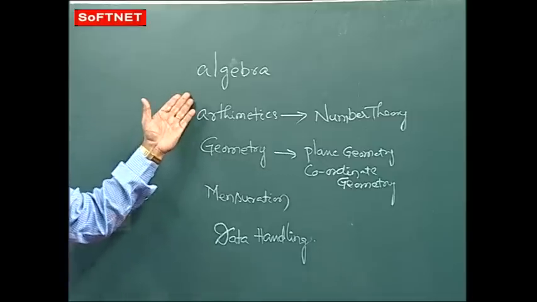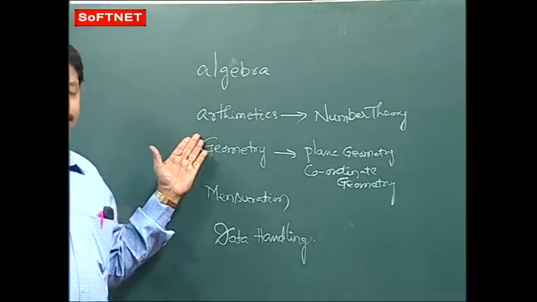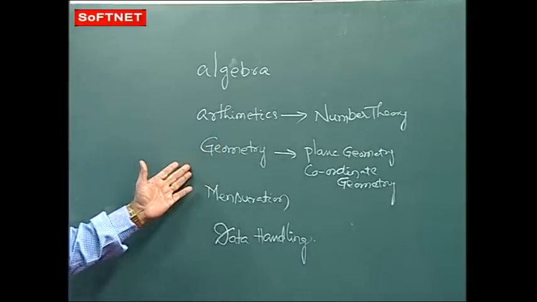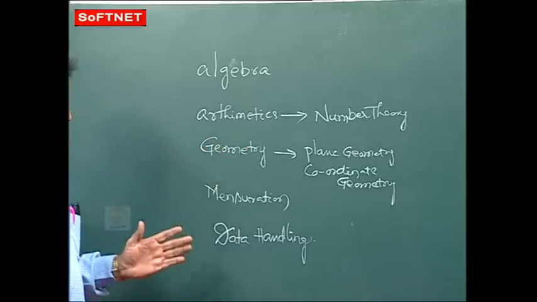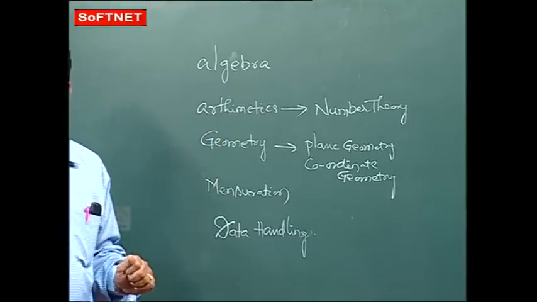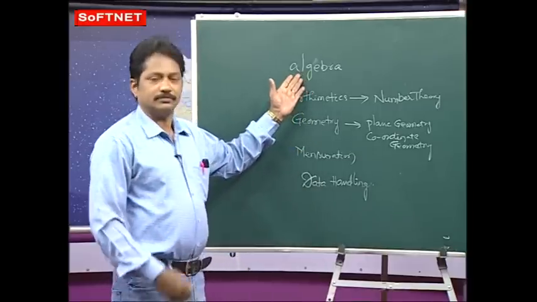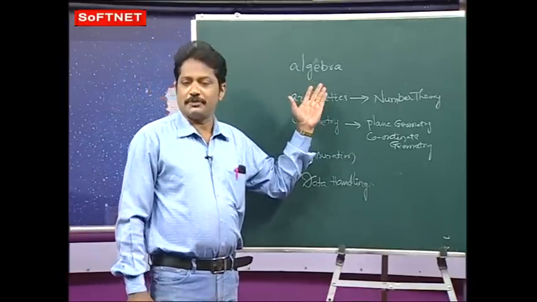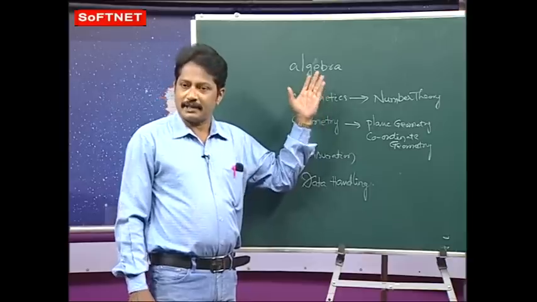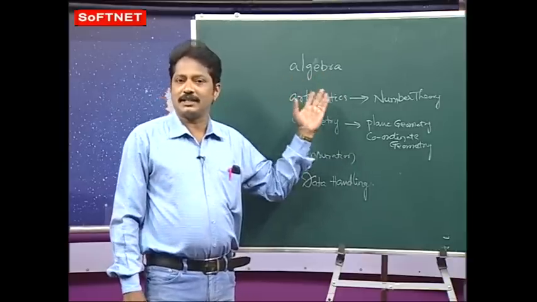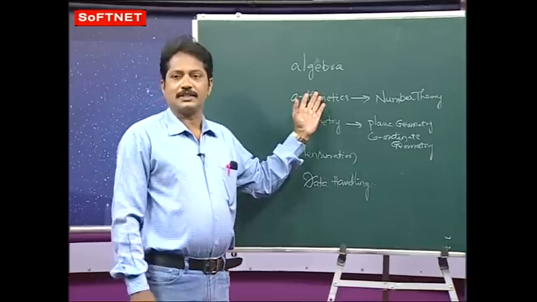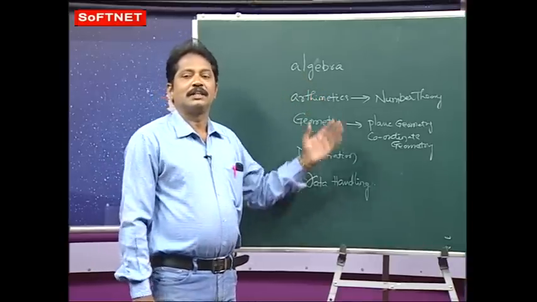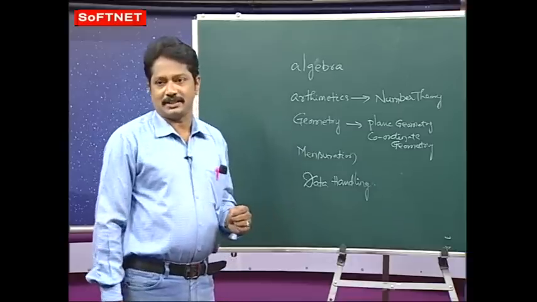One is algebra, second arithmetics, third geometry, fourth mensuration, fifth data handling. In algebra so many areas come: polynomials, pair of linear equations, quadratic equations, systematic equations, cyclic equations, all come under the algebraic area.